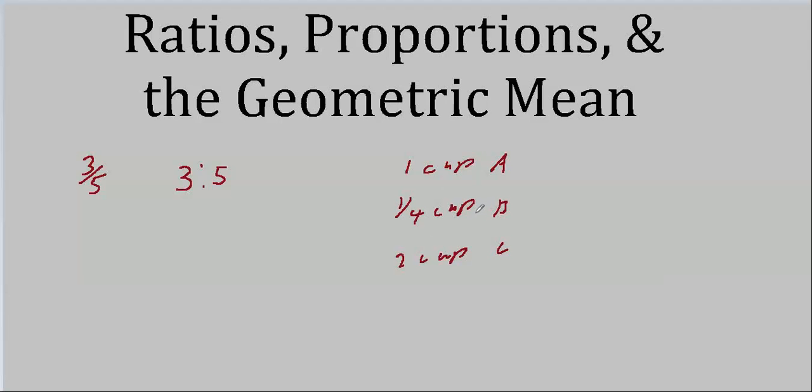That's usually an easier way to deal with ratios. And so this is 4, this is 1, and this is 8. And we could write this as 4 to 1 to 8 would be the ratio of A to B to C. And all this means is, however much of B we use, 4 times as much of A and 8 times as much of C.